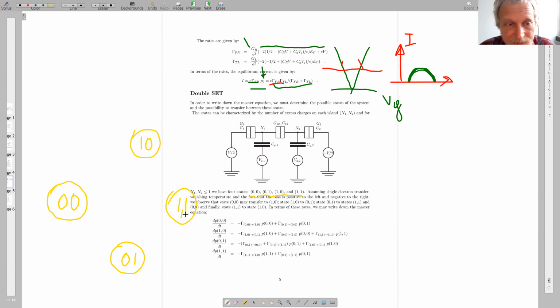Okay, in this case, they go from the left to the right, so the left electron number is increased. And let me just indicate that it happens as a transfer through junction 1.